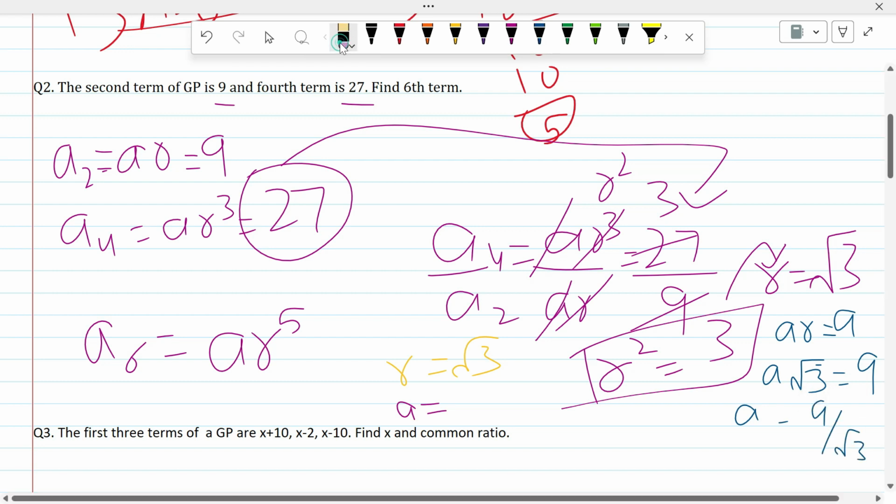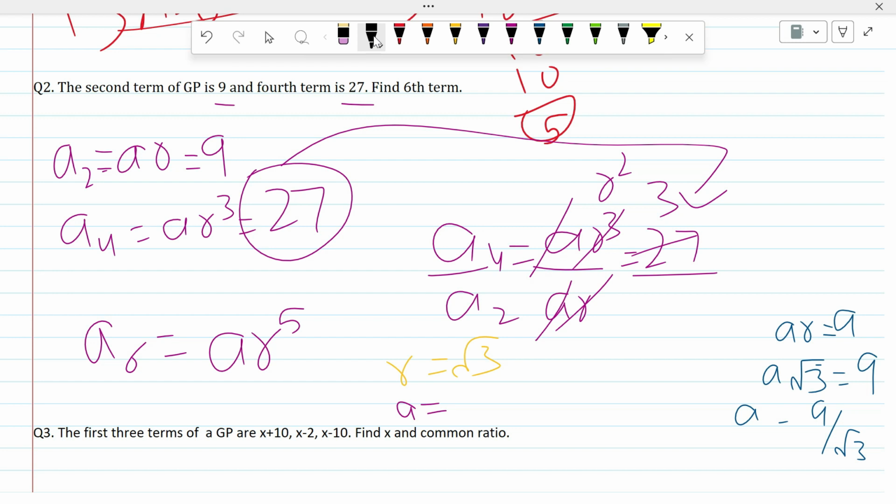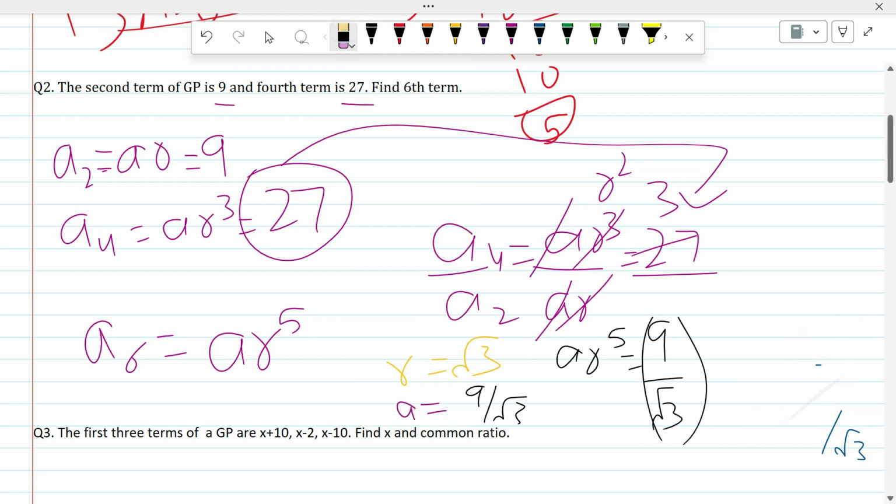Now what I have to do is find AR power 5. So A is 9 upon under root 3, and at the place of R, I will take under root 3 with power 5.